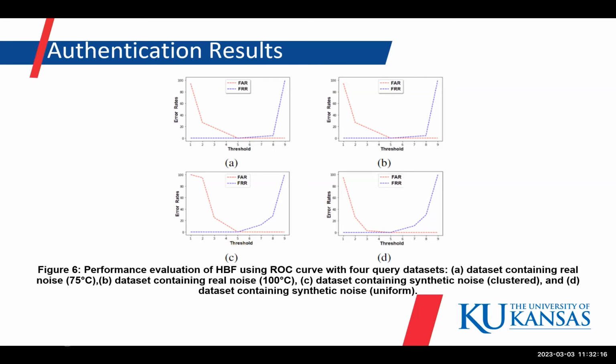These graphs show that the FAR and FRR rate is 0 when we set the threshold of the hierarchical Bloom filter to 5 in every case. Each of these experiments is done on different query sets that are generated naturally with a ring oscillator based PUF at 100 degrees and 75 degrees respectively. And for the below ones, the C and D that you're seeing are the results for the noise that is generated synthetically.